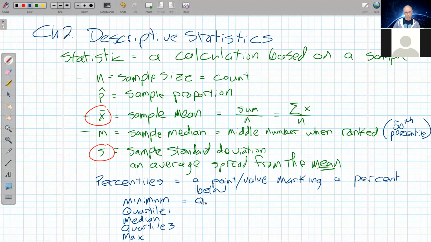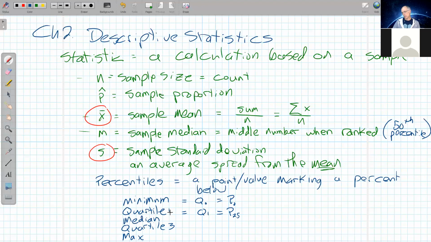So Q0 means there's nothing below, 0 below. We could also call that P0 for the 0 percentile, which means 0% is below that point. Quartile 1 is abbreviated Q with a 1. Usually it's subscripted, but it could be just next to it. And that would be the 25th percentile, P25. So 25% of the data is at or below that point.